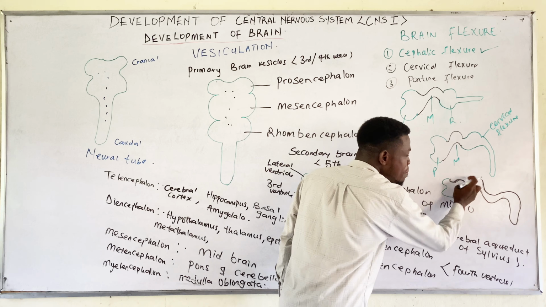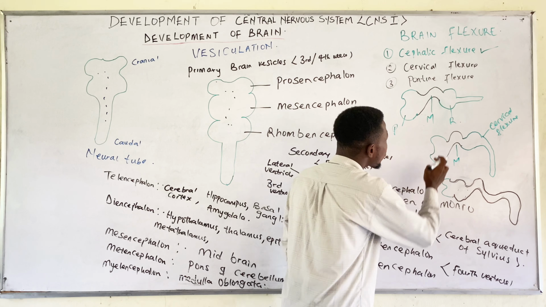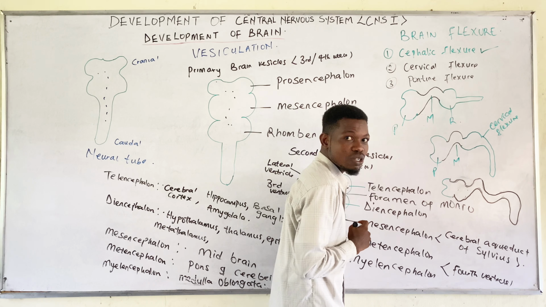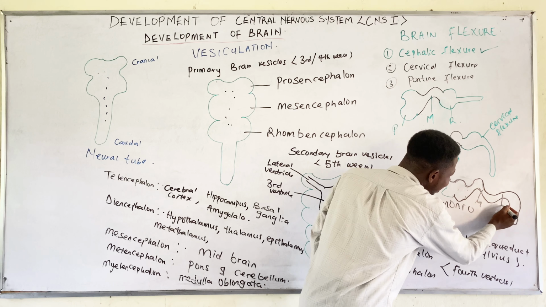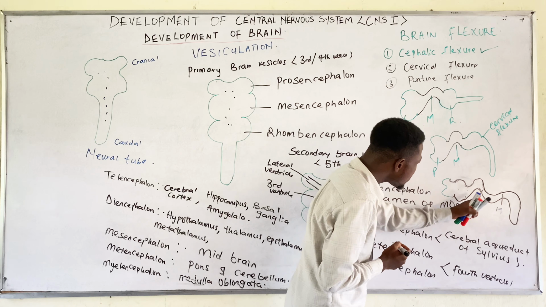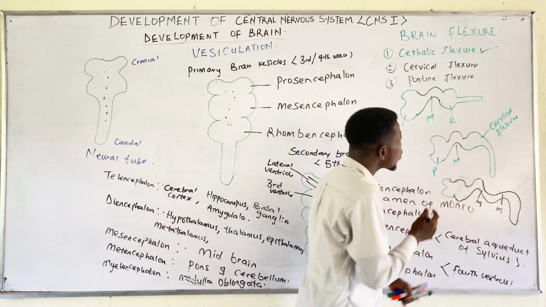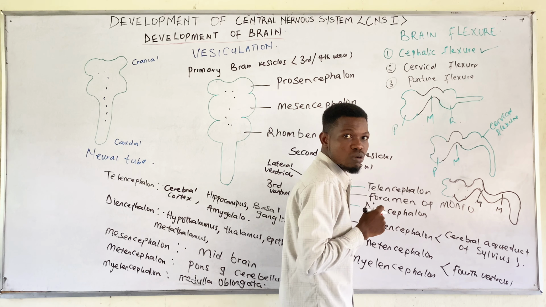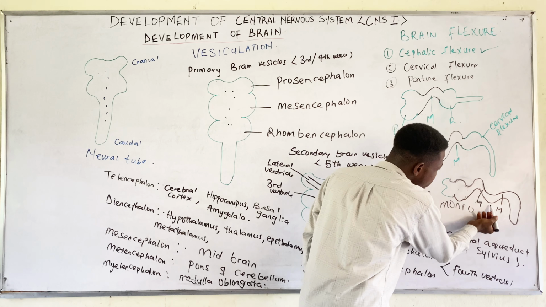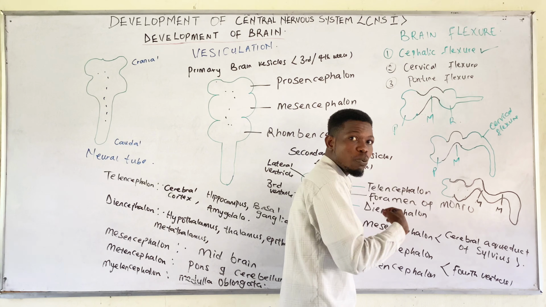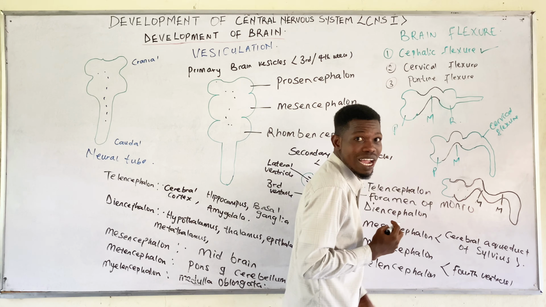Then at the junction of the mesencephalon, we have a flexure called what? Cephalic flexure. So this is the metencephalon, and this is the myelencephalon. In between these two is a flexure called what? Pontine flexure. The pontine flexure has a dorsal concavity and a ventral convexity, as opposed to the cephalic and cervical flexure.